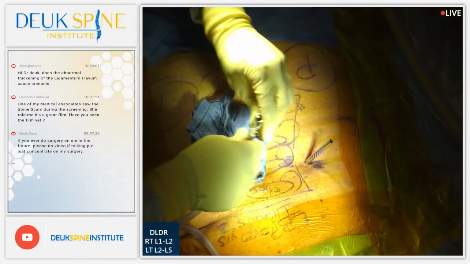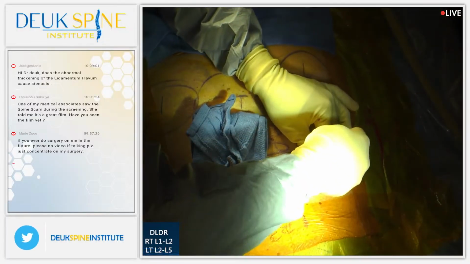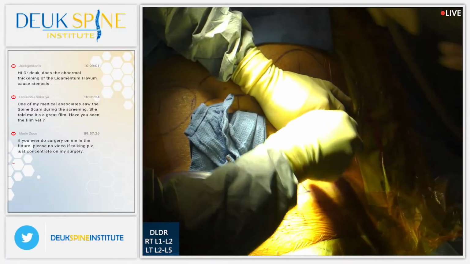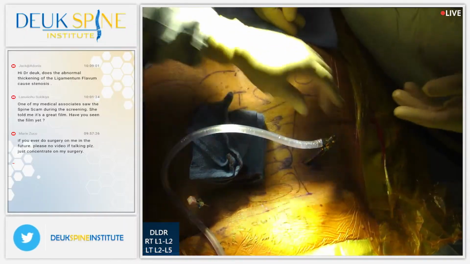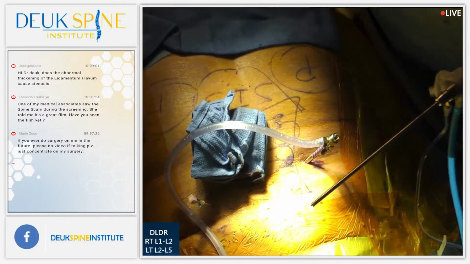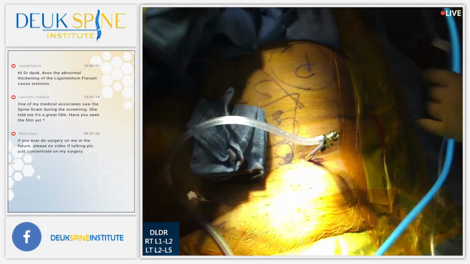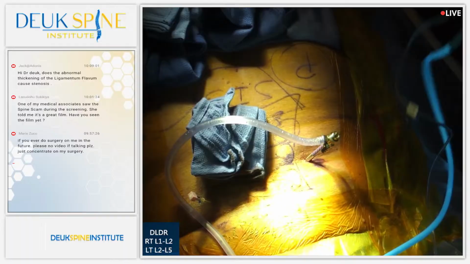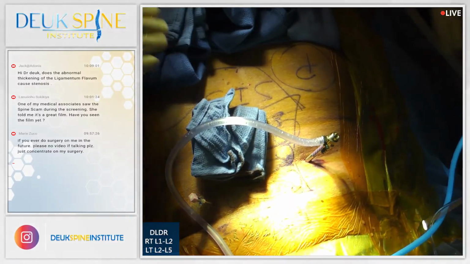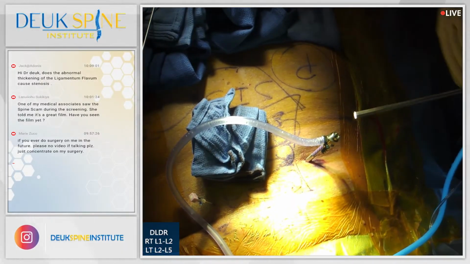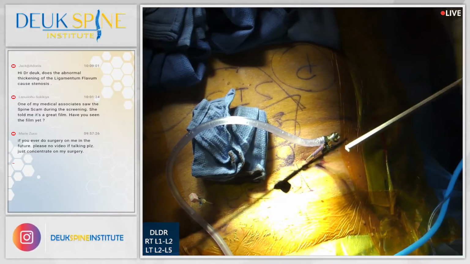Those 4 things account for 99% of back pain. The other things are fractures of bones, which we can also fix, and tumors and infections. Tumors, infections, fractures, and then these 4 structural things that we fix easily here at Duke Spine.